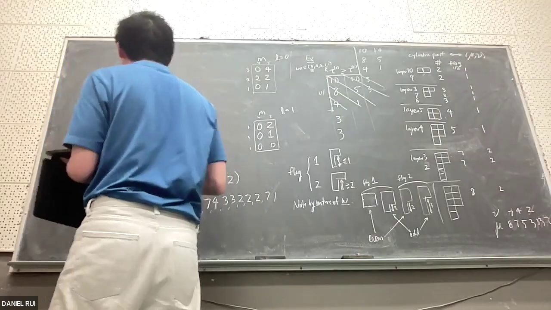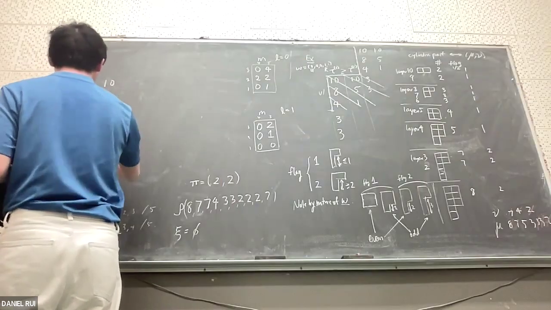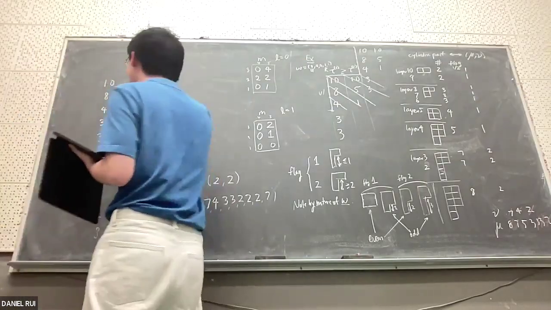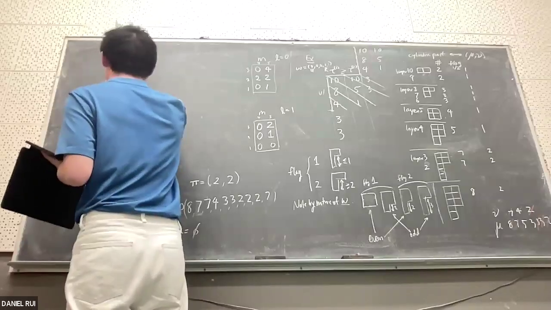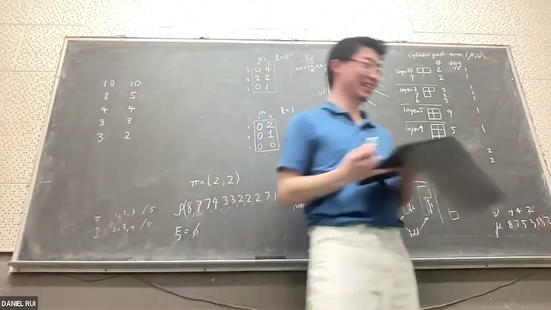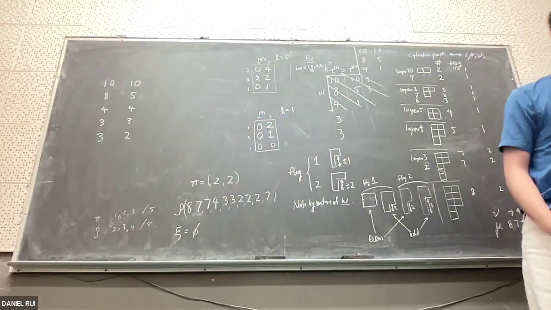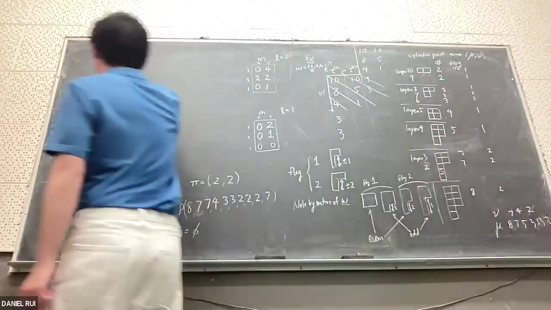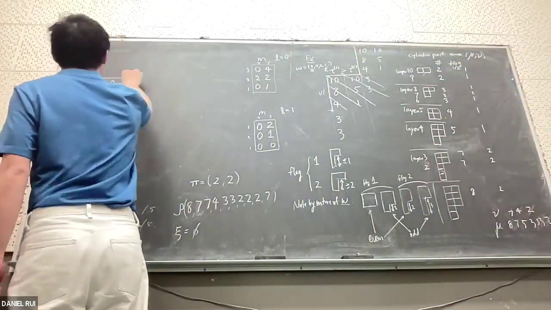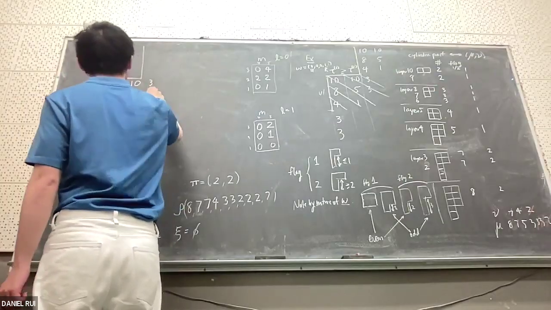Okay, here it is. 10, 8, 4, 3, 5, 4, 3. Okay, let's try to do it. This is gonna take a while. It is. Um, 3.